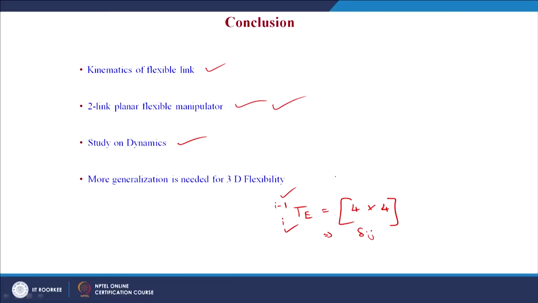In terms of delta_i, the flexibility, we can have the generalized homogeneous matrix defining the flexibility between two frames connecting the link.